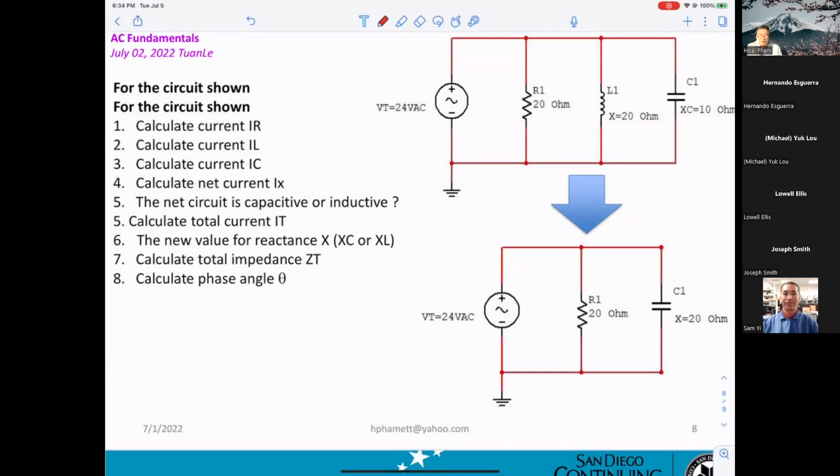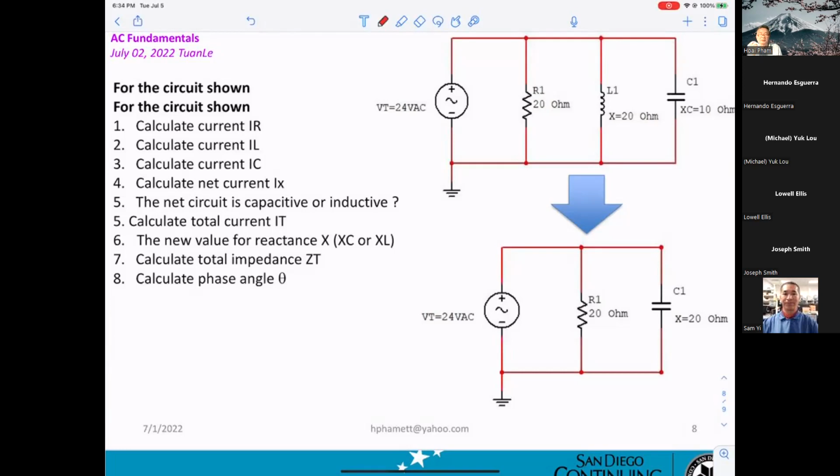However, for the complex number, you don't care. When you do the calculation, you can recognize which one is leading. Also the phase angle. You don't have to remember which one is leading.